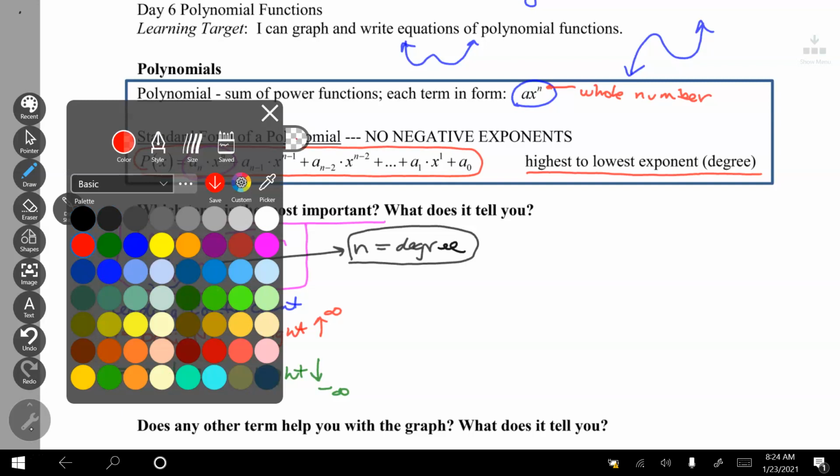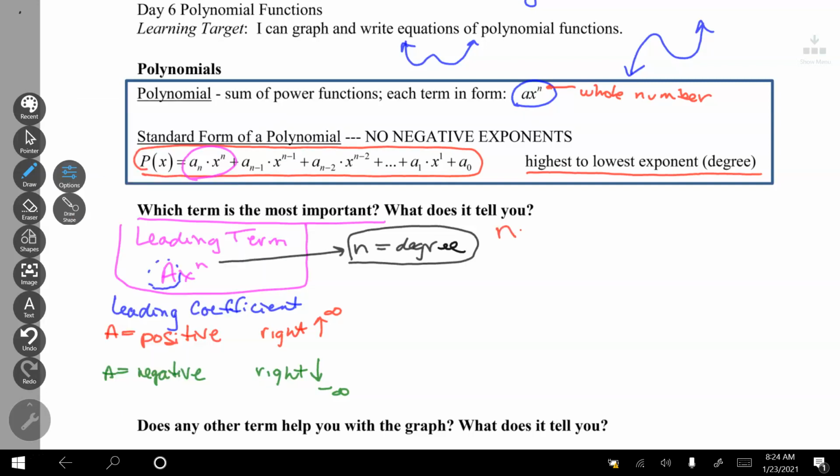So if n is an even number, square to the fourth, the left side will do the same as the right side. Okay, so if the right side is up, the left side will also be up.